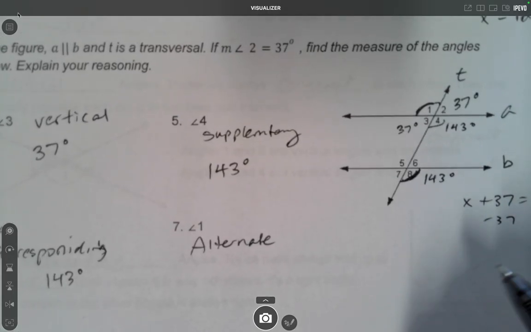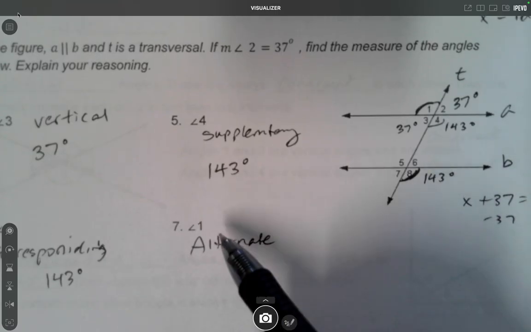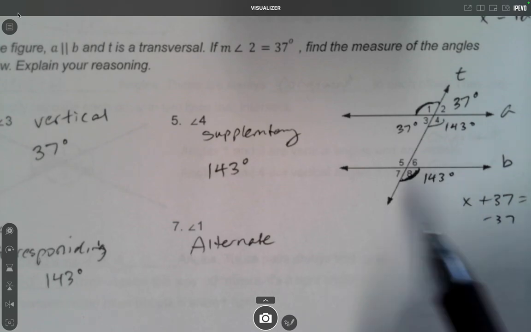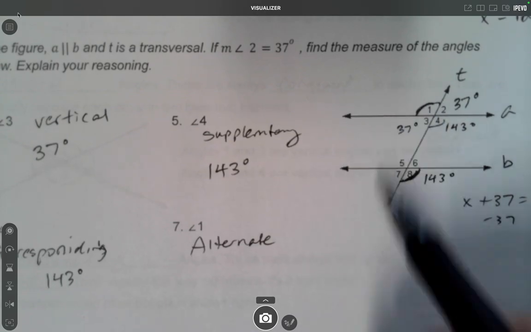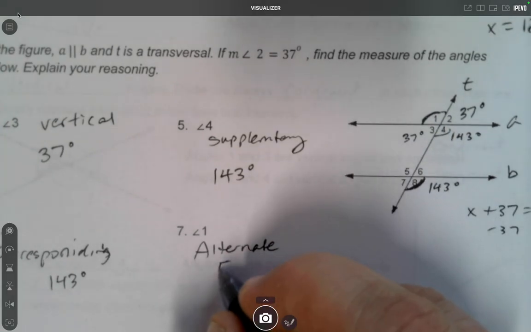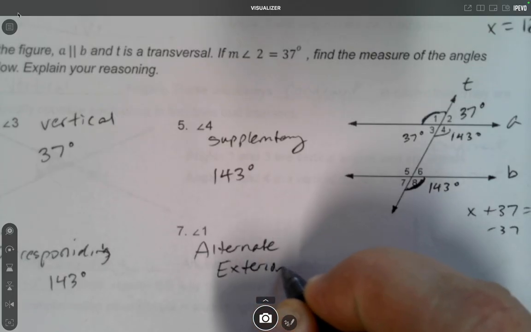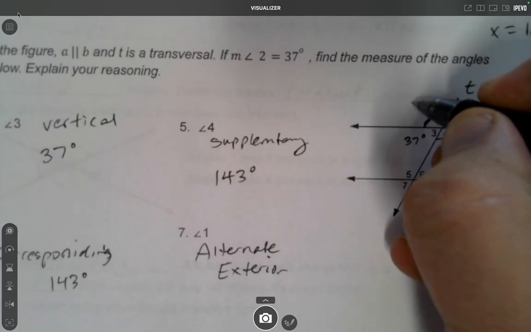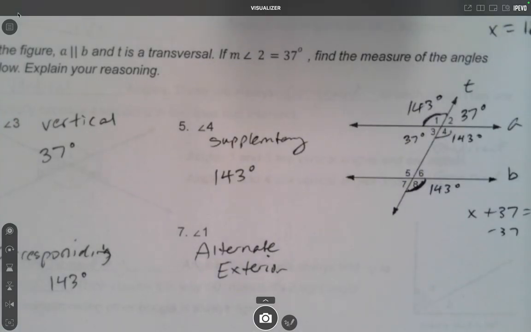That's the alternate part. They're both outside the parallel lines, so that means they're alternate exterior. And alternate exterior angles are congruent, so if this one's 143 degrees, this one is also 143 degrees.